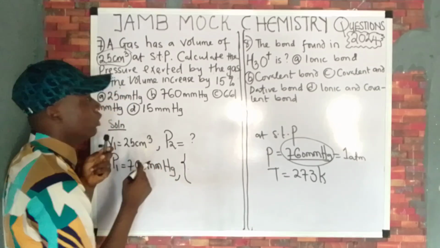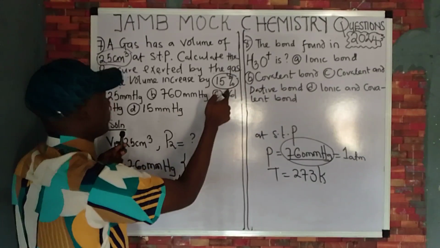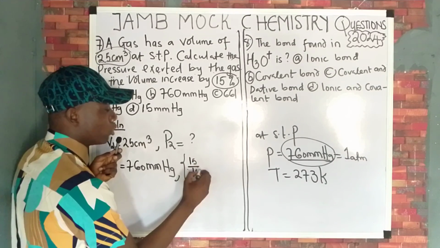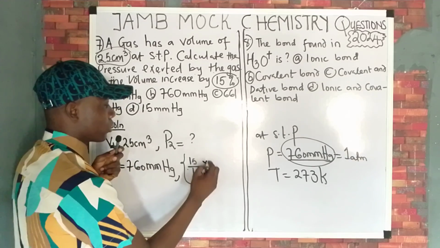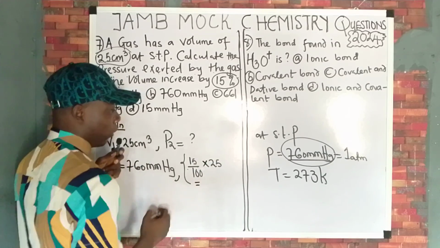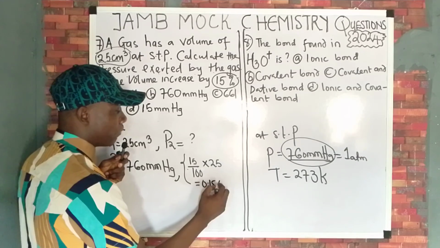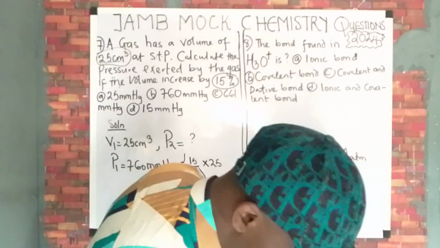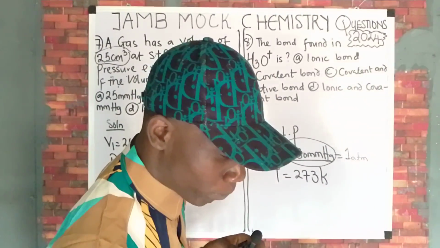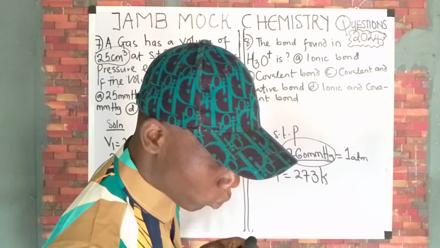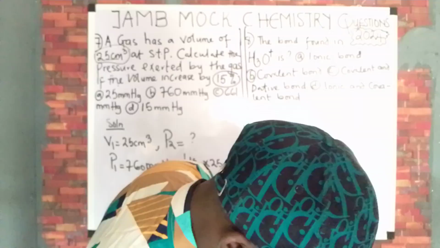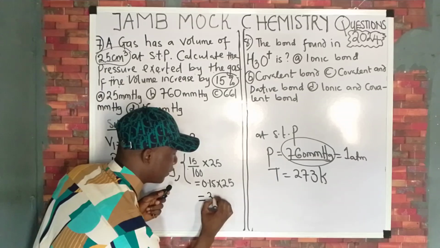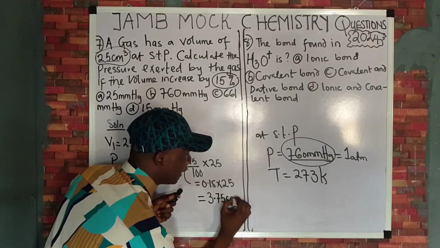Since we want to calculate 15% of 25, we have 15 over 100 times 25, which is 0.15 times 25, and that will give us 3.75 cm³.